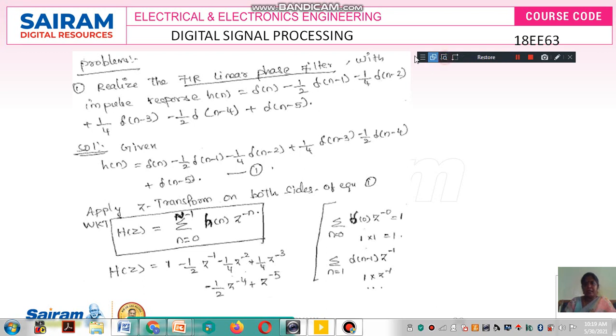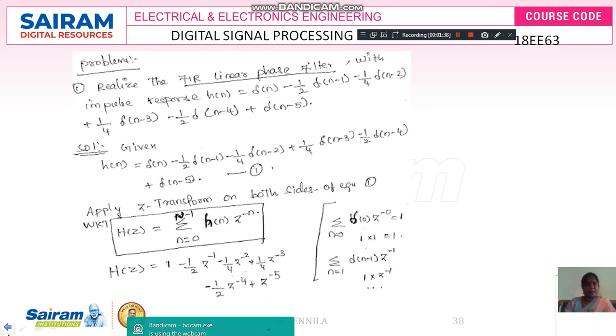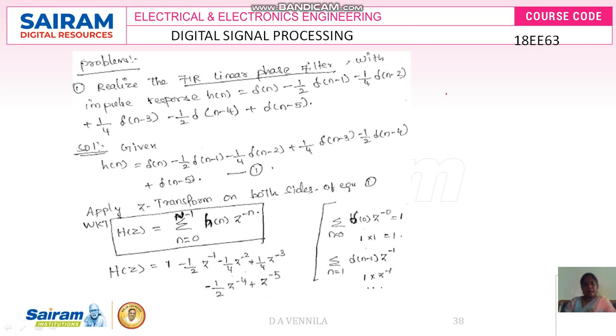And generally here, in your filter, the impulse function will be denoted as del of n.